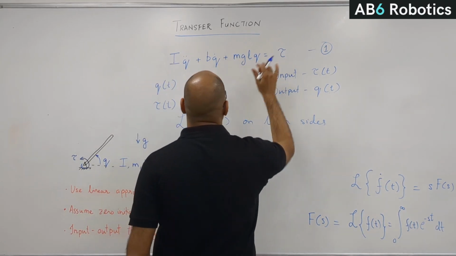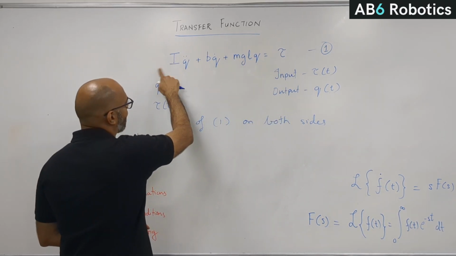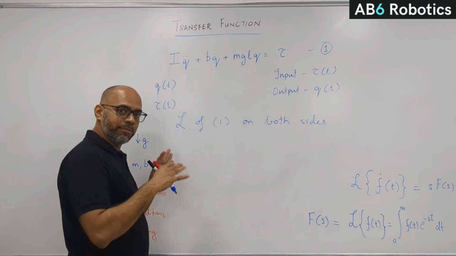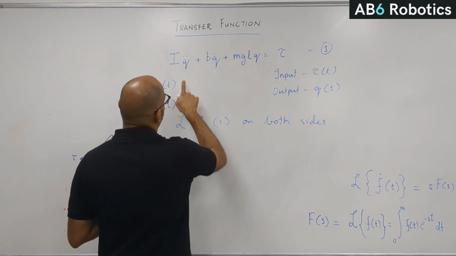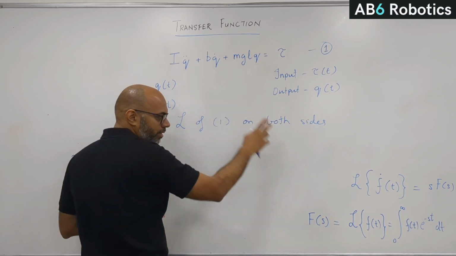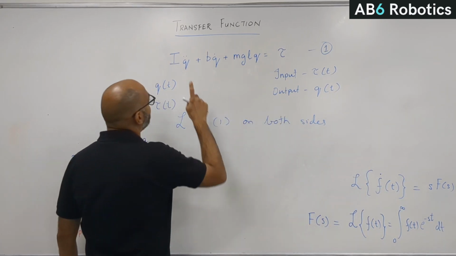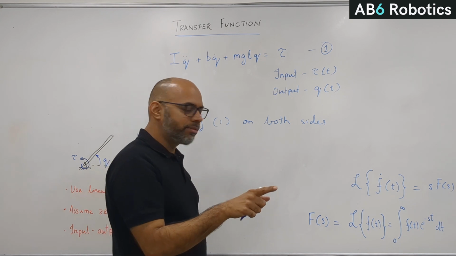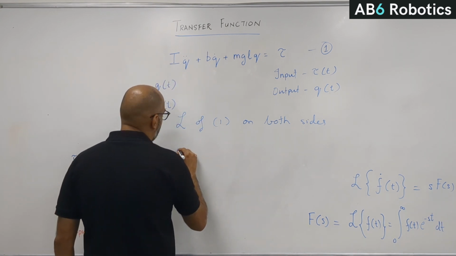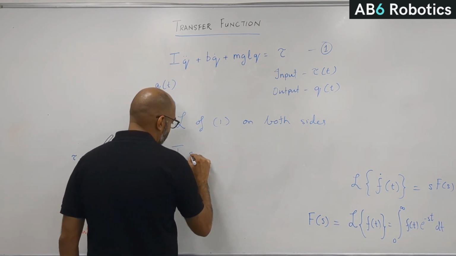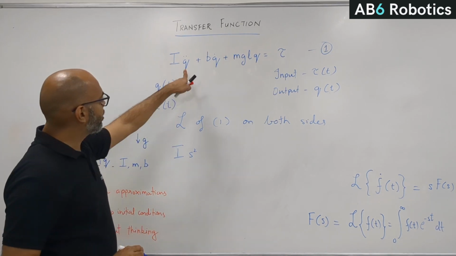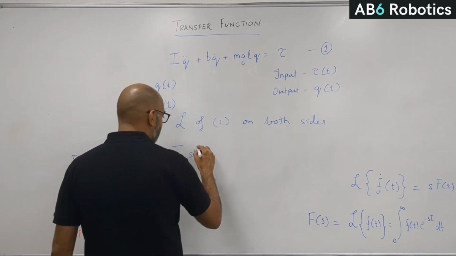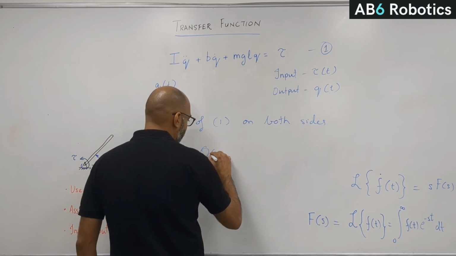So we take the Laplace transform on both sides. I, B, M, G, L come out of the integral because Laplace is really some kind of integral. Then the Laplace of Q double dot using this property will be s squared multiplied by the Laplace of Q. So I get I times s squared times the Laplace of Q, and I did say the convention is once you take Laplace, you use a capital letter. So Q of s.